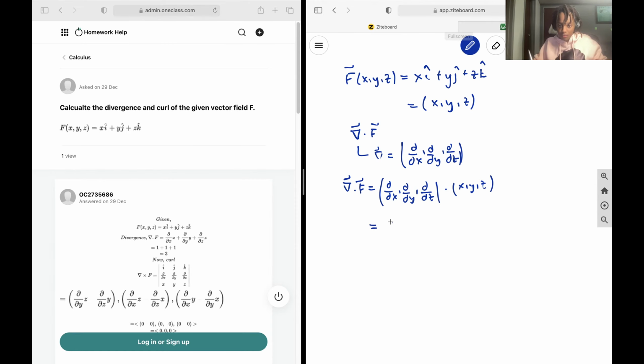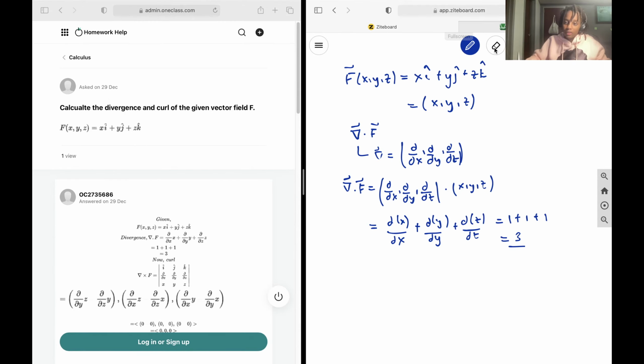And this is going to give us the derivative of x with respect to x, plus the derivative of y with respect to y, plus the derivative of z with respect to z. And this is going to be 1 plus 1 plus 1, giving us 3.